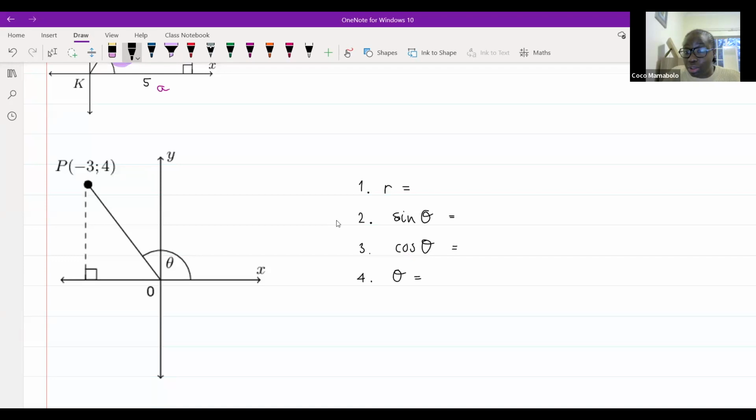Yeah, for the last one, of course you must, because when we ask for theta, what does theta stand for? Theta stands for an angle, right? So in order to find the angle, I must shift angle. Okay, cool, guys.